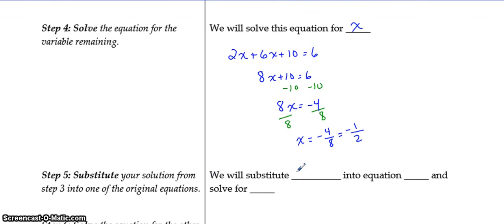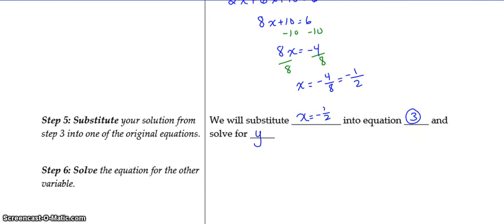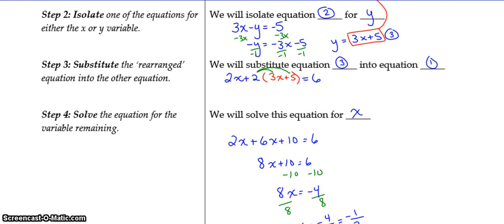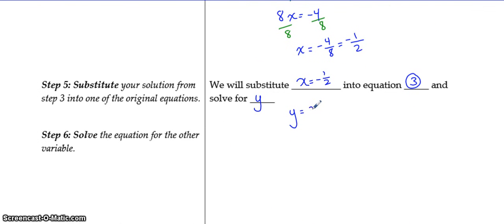So now we're going to take that x equals negative 1/2 and substitute it into equation 3 so that we can solve for y. So equation 3 was y equals, what was it? y equals 3x plus 5. So we're going to take that x equals negative 1/2 and substitute it in.